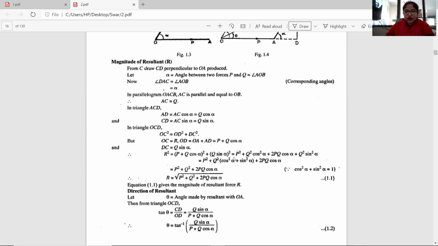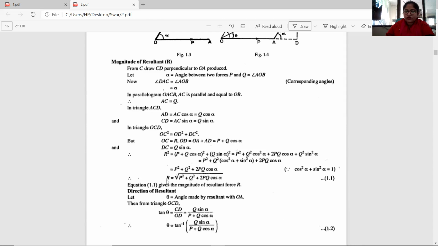If we solve it, R square equals P square plus Q square cos square alpha plus 2PQ cos alpha. Why? Because the formula for (A plus B) square is A square plus B square plus 2AB. Adding Q square sin square alpha, after solving, my value will be P square plus Q square plus 2PQ cos alpha.